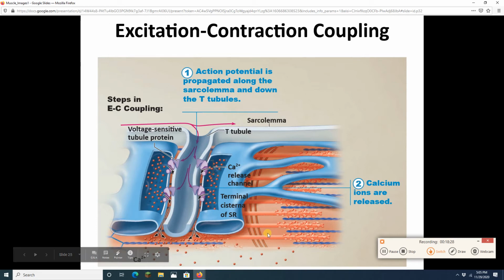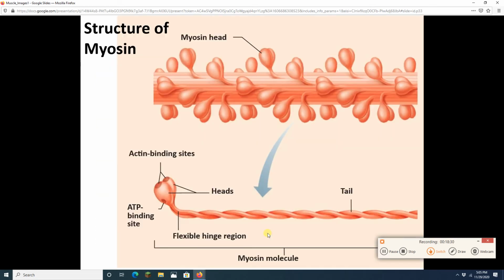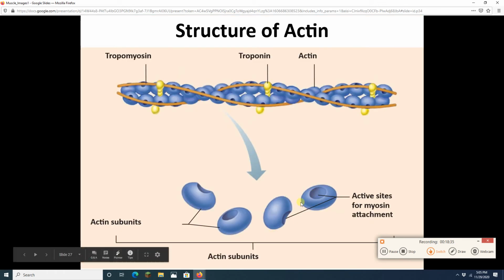In order for contraction to happen, we know myosin needs to grab onto actin, but actin is usually blocked by tropomyosin. Well, what exactly do you think calcium is going to do? If you said calcium is going to move this tropomyosin, you are 100% correct.